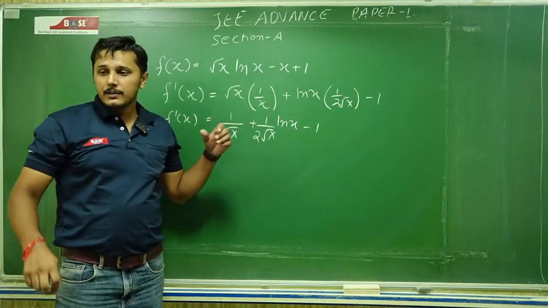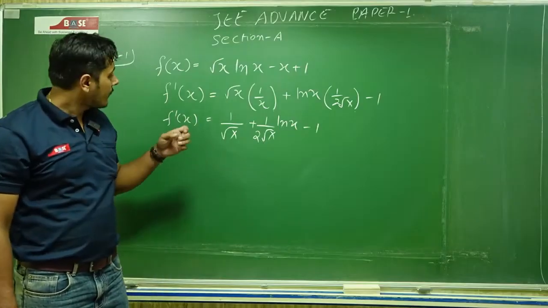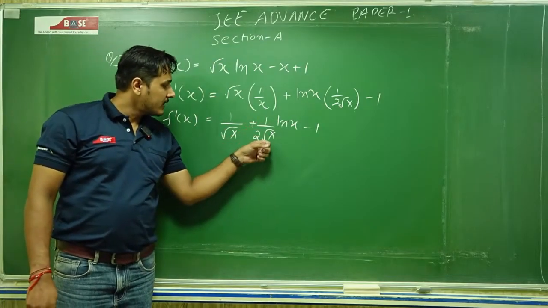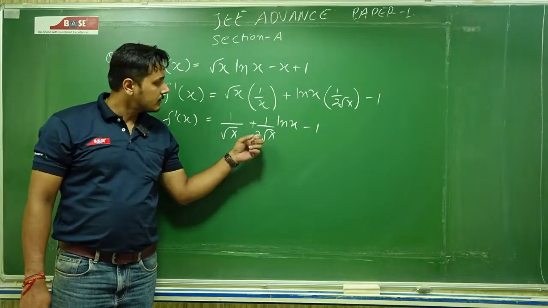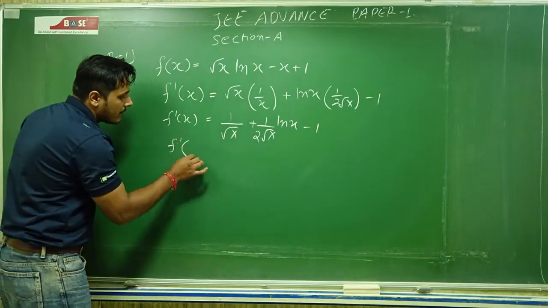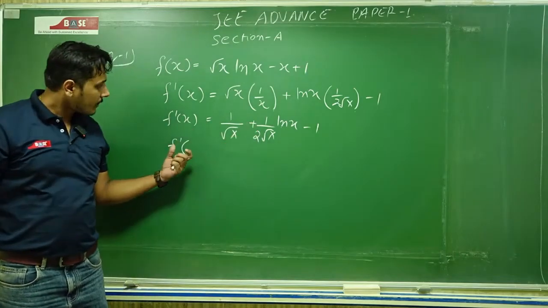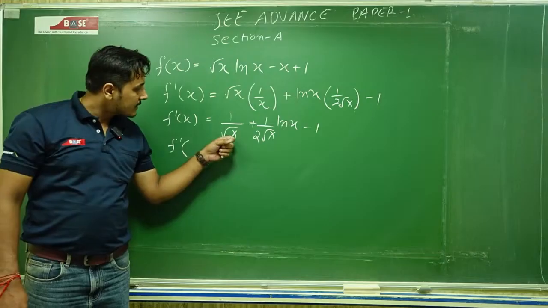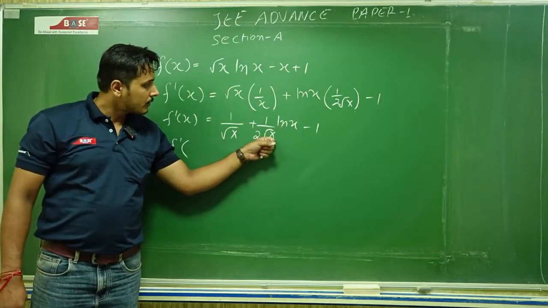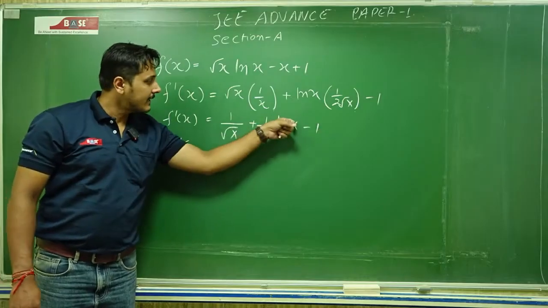Now for maxima and minima, because options B and C are asking about them, let's check the point. Since it's a log function and some transcendental functions are also there, by guessing let's check for what value of x my first derivative becomes 0. If I substitute x as 1, we know the value of ln 1 is 0, so the 1 gets cancelled and this is 0.